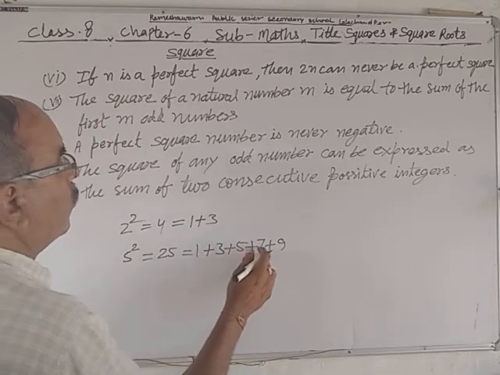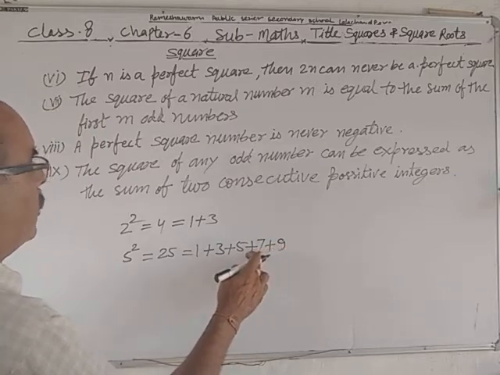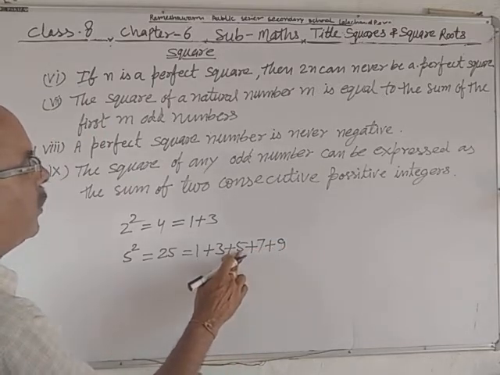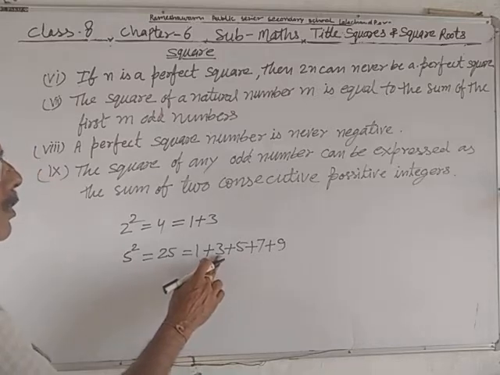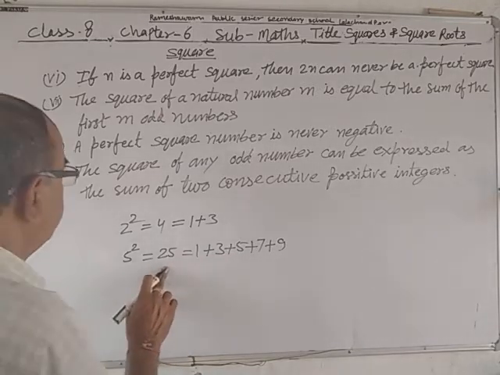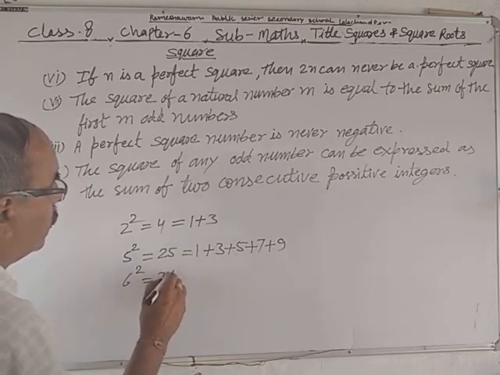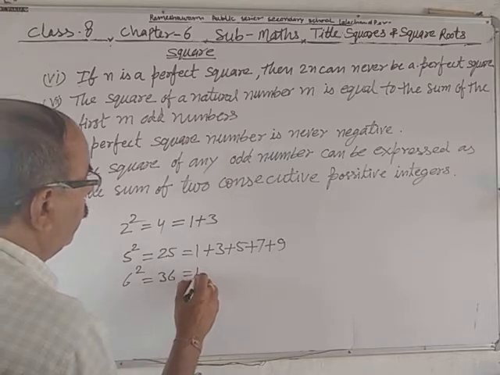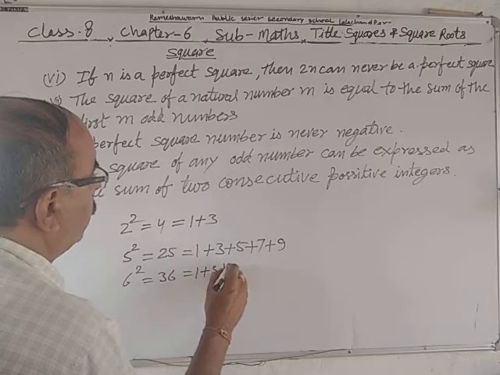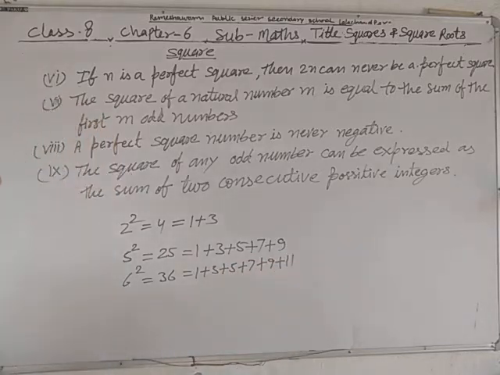1, 2, 3, 4, 5. 9 and 7 is 16, 16 and 5 is 21, 21 and 3 is 24, 24 and 1 is 25. 6 squared equals 36, which equals 1 plus 3 plus 5 plus 7 plus 9 plus 11.